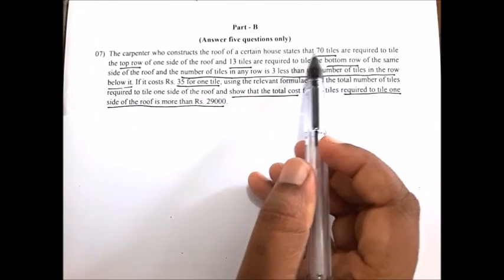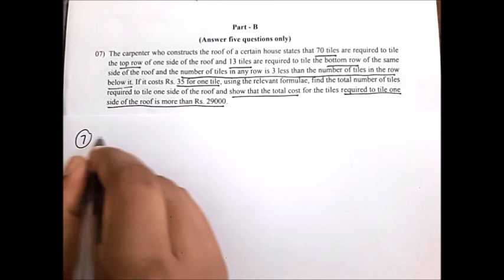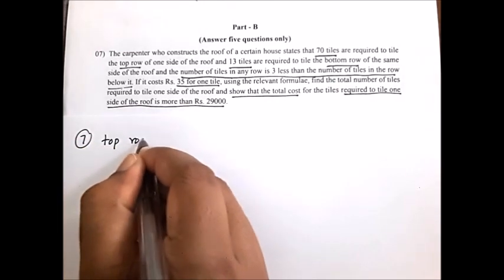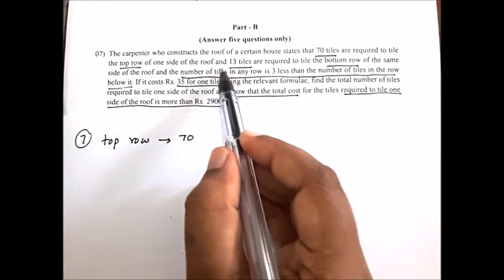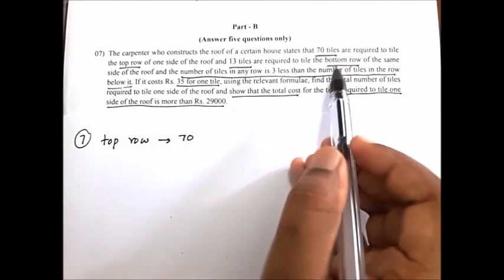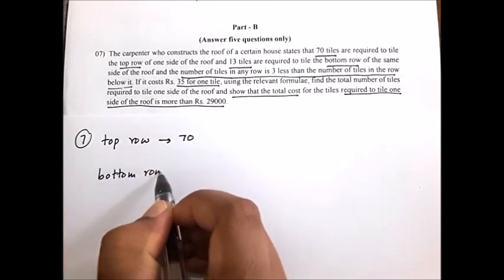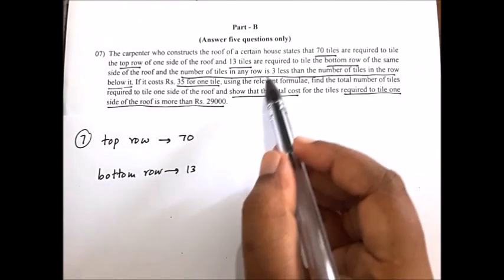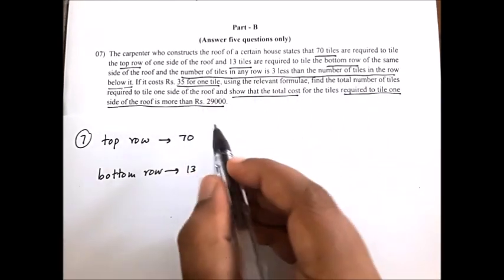There is a number pattern. Top row 70 tiles. 13 tiles in the bottom row. Any row has 3 less than the number of tiles in the row below it.